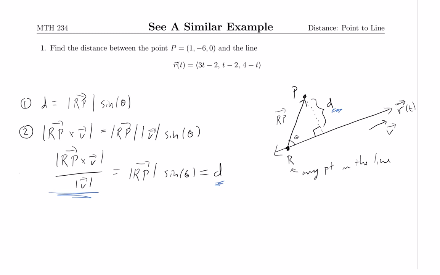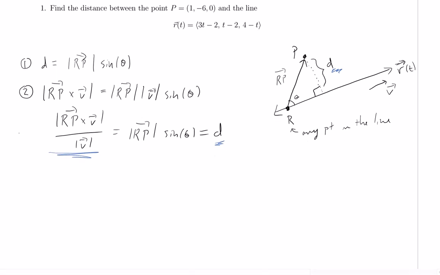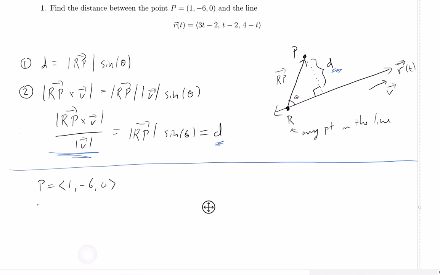Now we need to go back to the example we were given and plug everything into this formula. So let's start writing down all of our information. We're given at the beginning that P is the point (1, -6, 0). And R, I said, is any old random point on the line. So we get to choose what R is. You can pick any point you want.